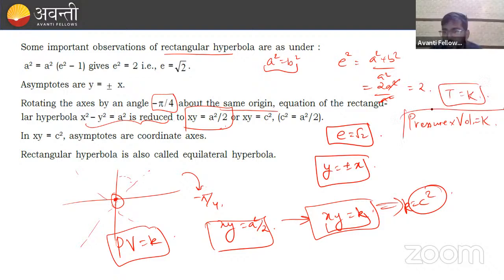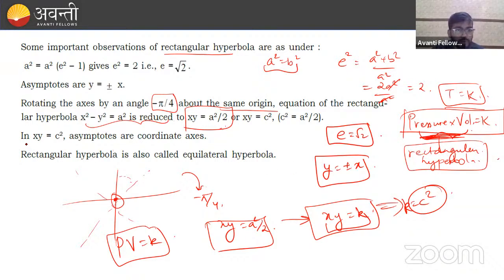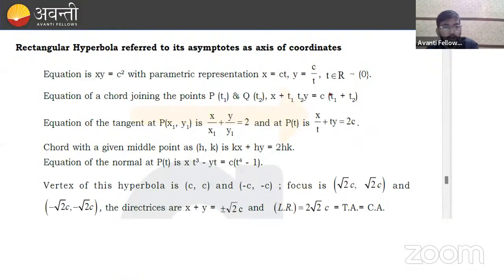So under isothermal conditions, PV is constant, and the graph of PV under isothermal conditions will always be a rectangular hyperbola. Now in xy equals c square, the asymptotes are the coordinate axes. A rectangular hyperbola is also called an equilateral hyperbola. These are some points regarding the rectangular hyperbola.